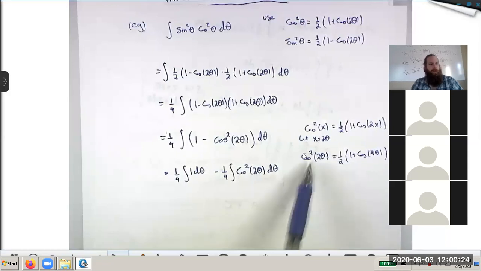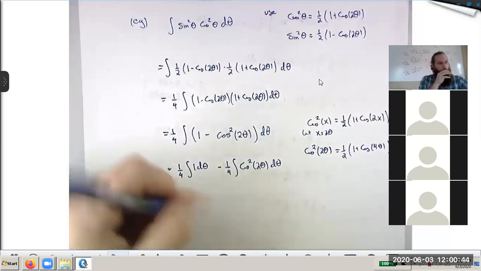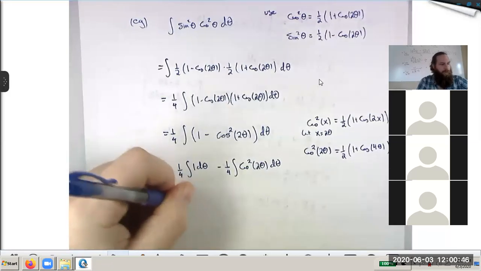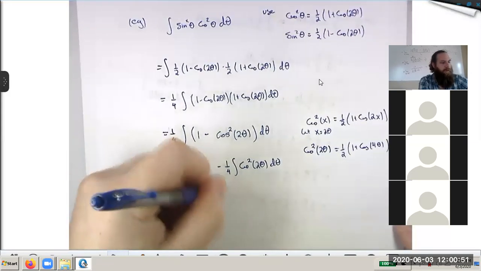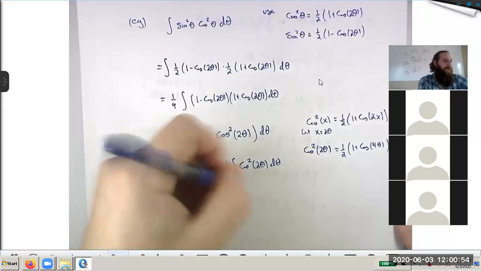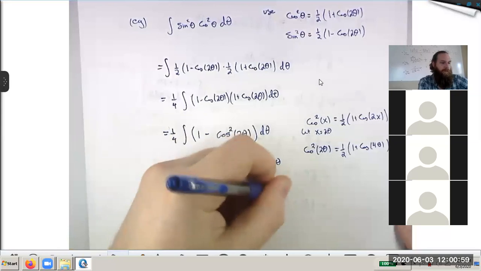Questions on this identity? Why this is a valid identity or where it comes from? Feels mostly okay? So that first integral is just 1/4 theta, and then I have minus 1/4 integral 1/2 times 1 plus cos 4 theta d theta.